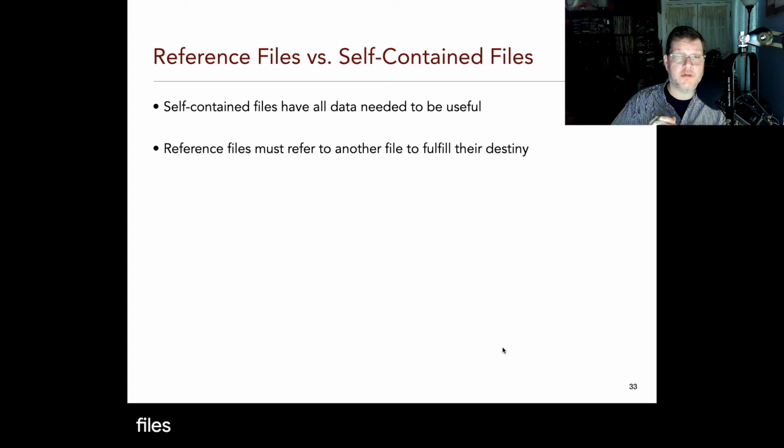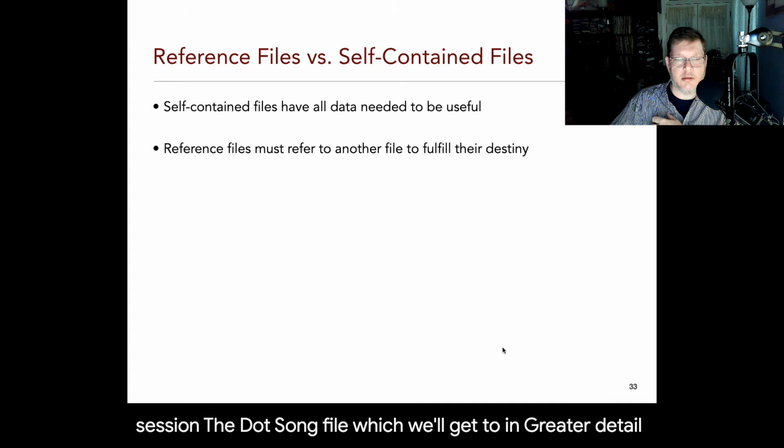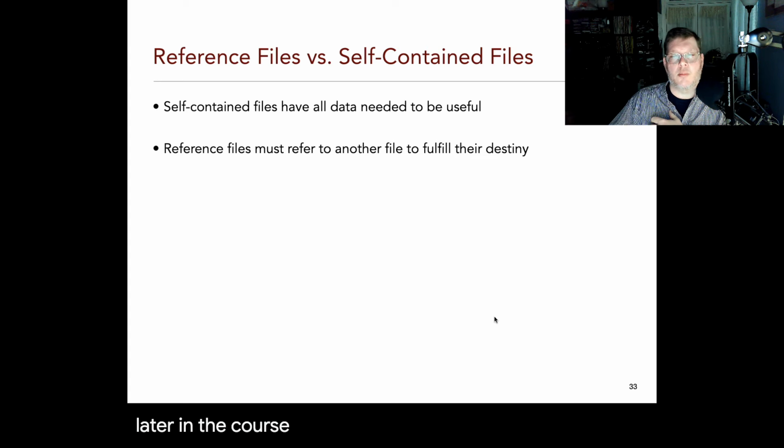Other files are reference files. So for instance, a Studio One session, the .song file, which we'll get to in greater detail later in the course, is a reference file. So when I record audio into Studio One, there's a file called whatever .song that's essentially instructions about how to play the WAV files that I've recorded.